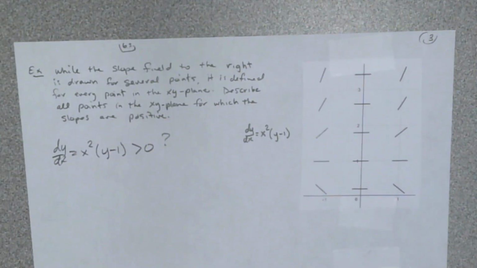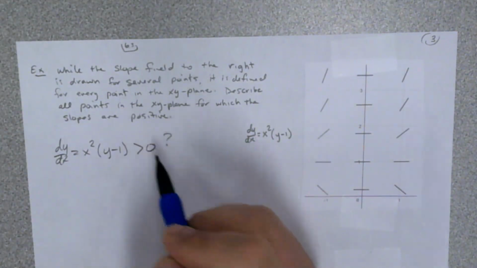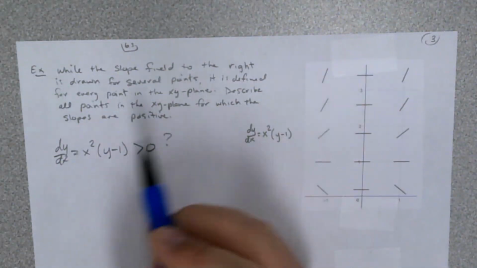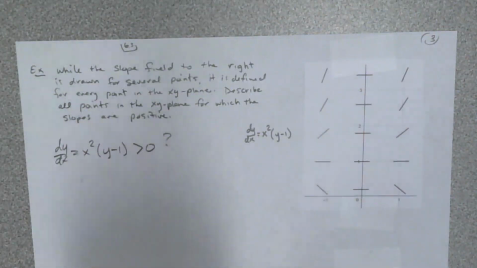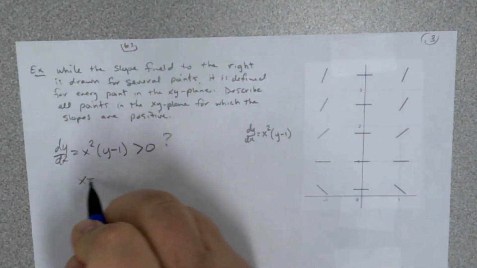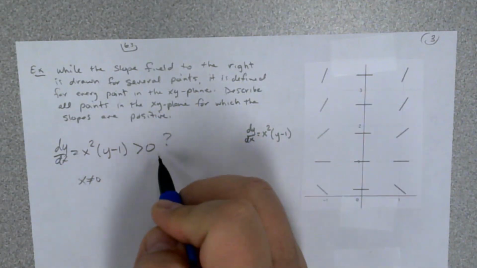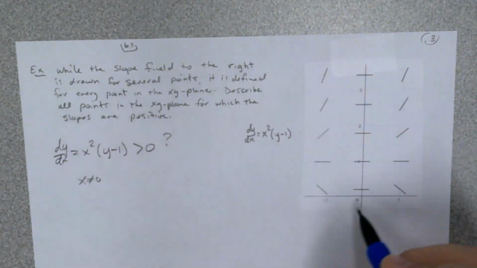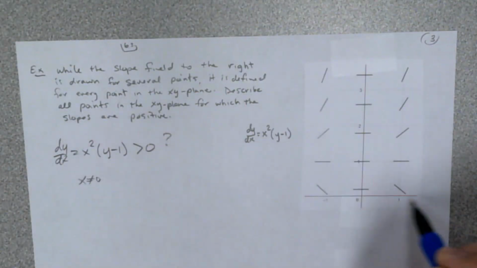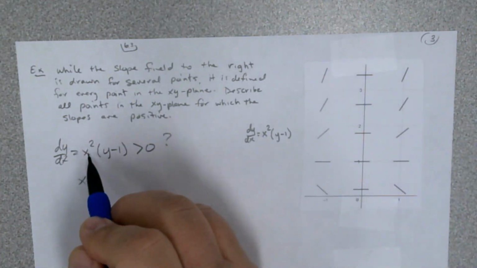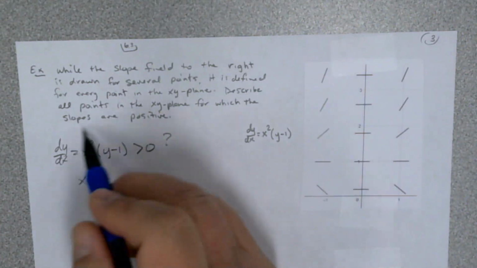Okay? So to be greater than 0, what has to be true? Well, for the x portion of this, x just can't be 0, because then it would be equal to 0. Now, if x was a negative value and I square it, I'm going to get positive. If x is a positive value and I square it, I'm going to get positive. So that's the only stipulation on the x that I need to worry about.